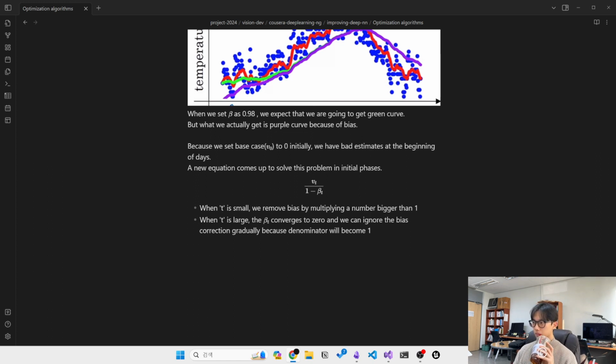And it's this bias correction that helps you go from the purple line to the green line.